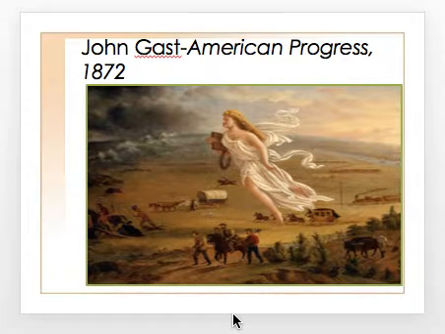This painting truly symbolizes that idea that when we moved west, the Americans brought progress. We brought civilization. We brought everything good that mankind had invented thus far, and we were taming the West. This painting shows that.